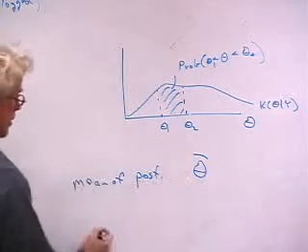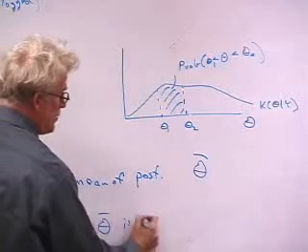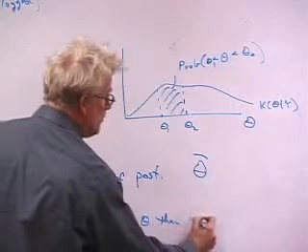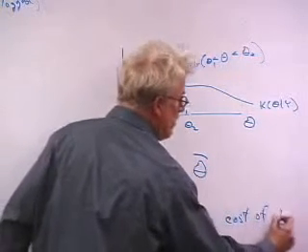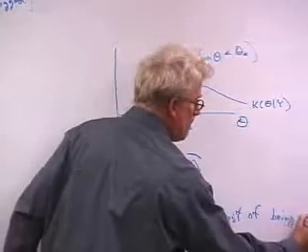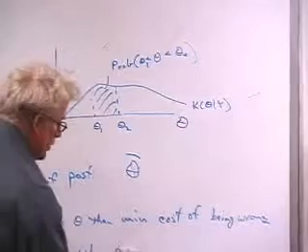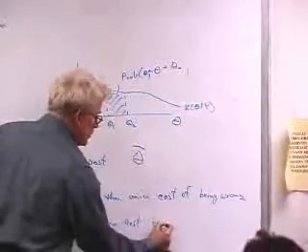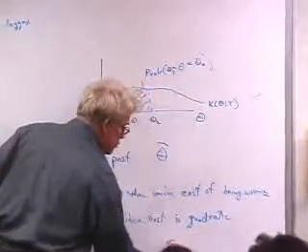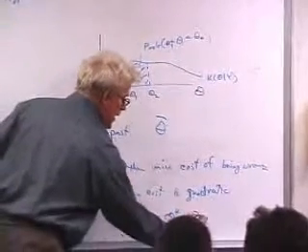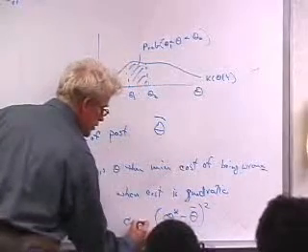In particular, the mean is the theta that minimizes the cost of being wrong when the cost is quadratic. That is, the difference between the true theta and that, squared, is your cost.